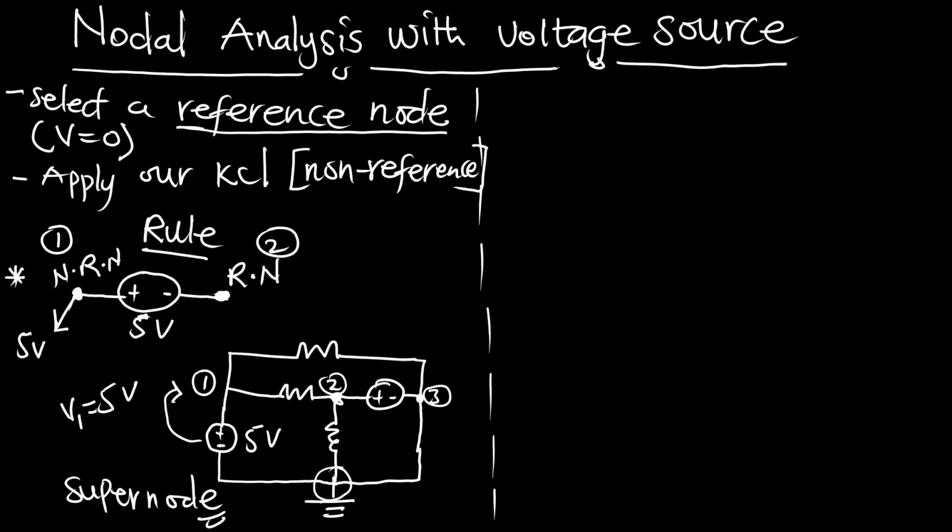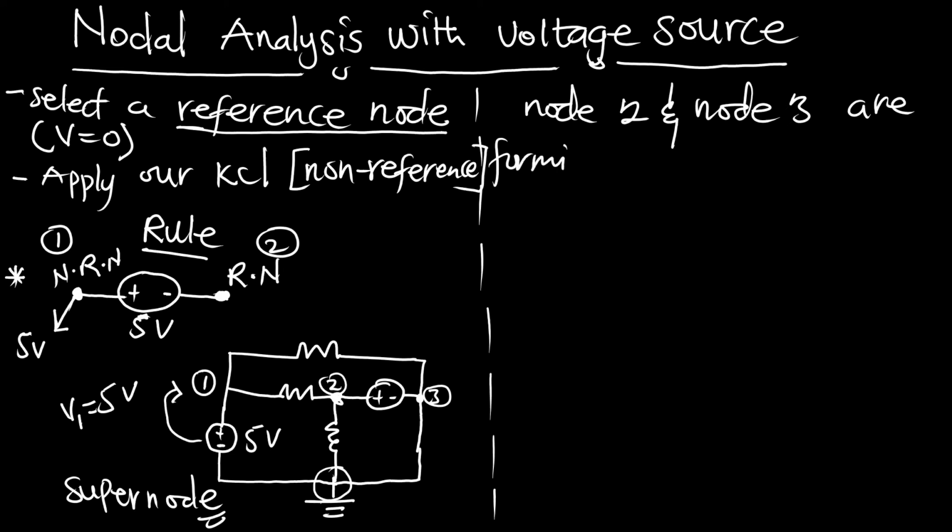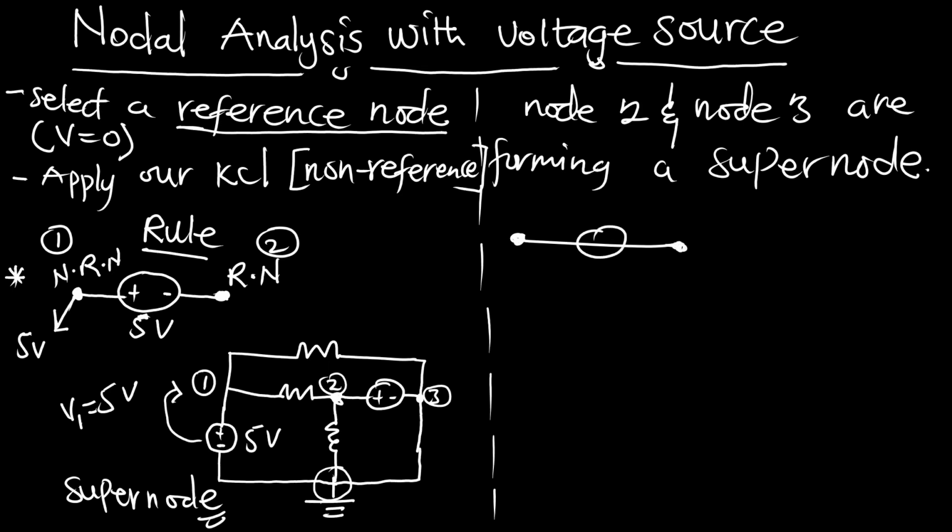So here node 2 and node 3 are forming a supernode. Why are they forming a supernode? Because we have a voltage source between the two nodes. Are you okay? A voltage source is between node 2 and node 3.